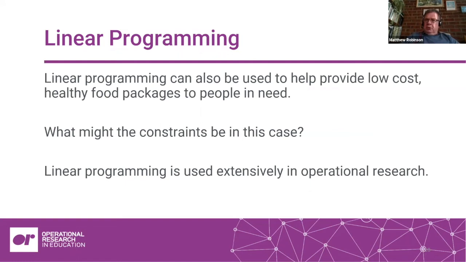You might say, well, low cost is important, but it also has to be healthy. So how can you work out what some of the constraints might be? Would it be cheaper, for example, to buy certain foods in bulk? Does that reduce your costs? But if you don't distribute that, does the food go off? So what you need to be thinking about whenever you're considering something like a linear program is working out what the constraints may well be.